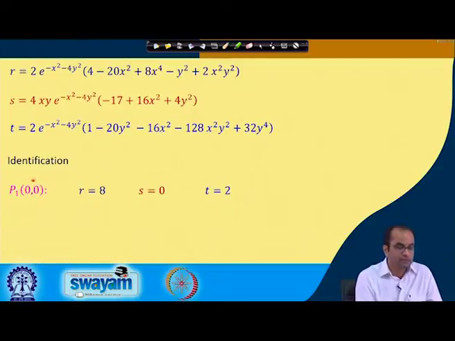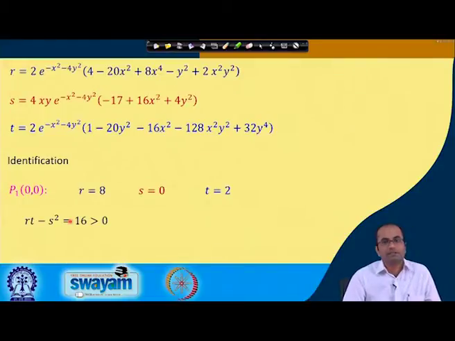This we have taken as the first critical point among all these critical points, because for each we have to identify whether it is a point of maximum, minimum, or a saddle point. So, at this point we have computed all these higher order derivatives, and then we have to compute rt minus s square. So, r and t, this product is 16 minus s square 0.